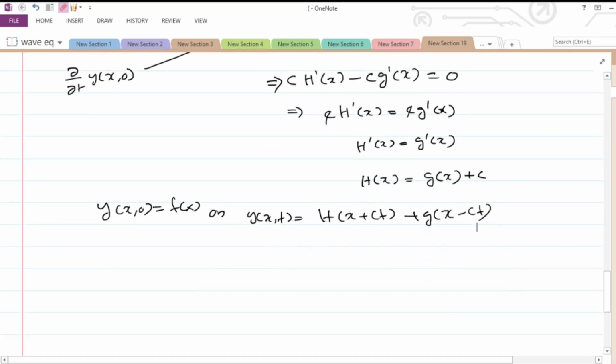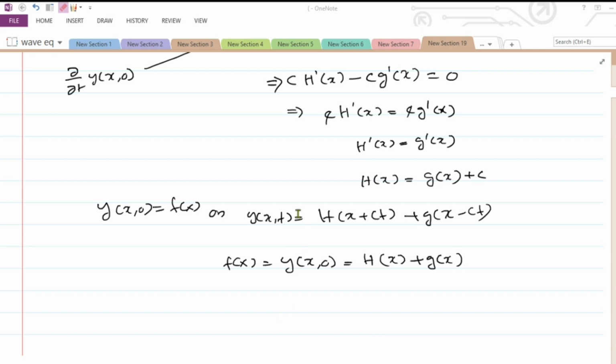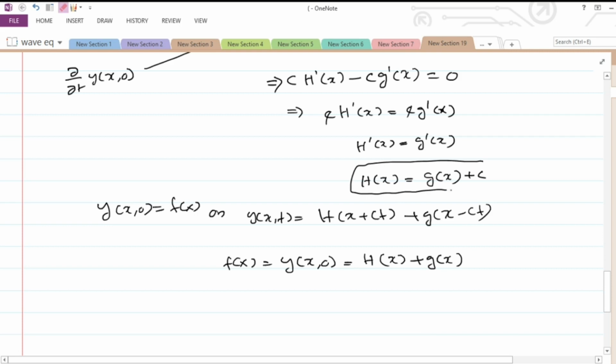So what we get is f(x) is equal to y(x,0) is equal to h(x) plus g(x). That means instead of h(x) we can substitute g(x) plus c, since we have already received that h(x) is equal to g(x) plus c.